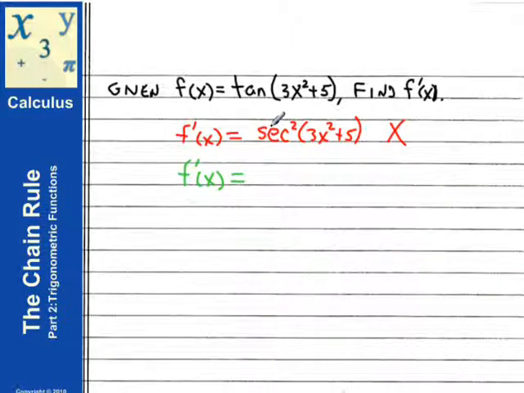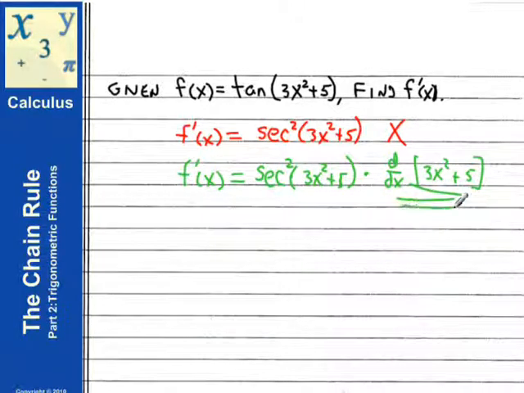So we remember the derivative of the tangent function, yes, it's secant squared, and it's secant squared of the same argument, so it will be 3x squared plus 5. But the critical part in the chain rule is that we also have to multiply this with the derivative of the inside. And this is the part that is many times overlooked or in a hurry forgotten about. So this is the critical part. We cannot forget that.